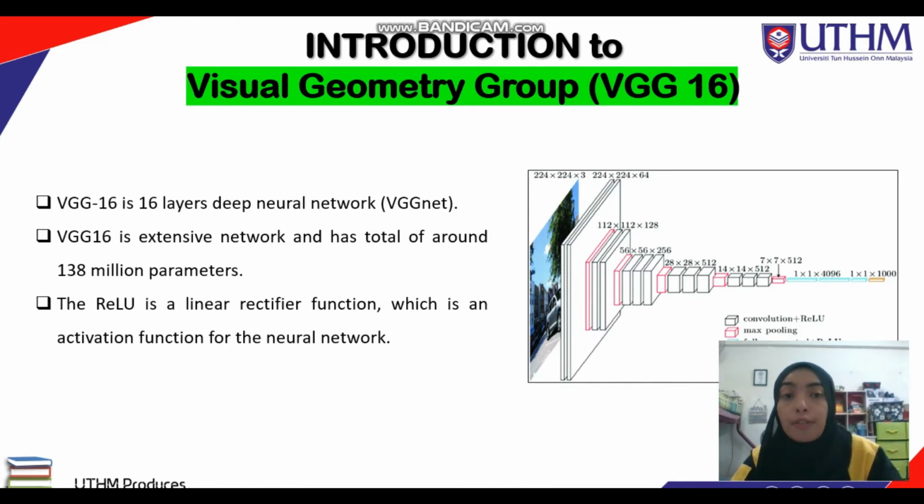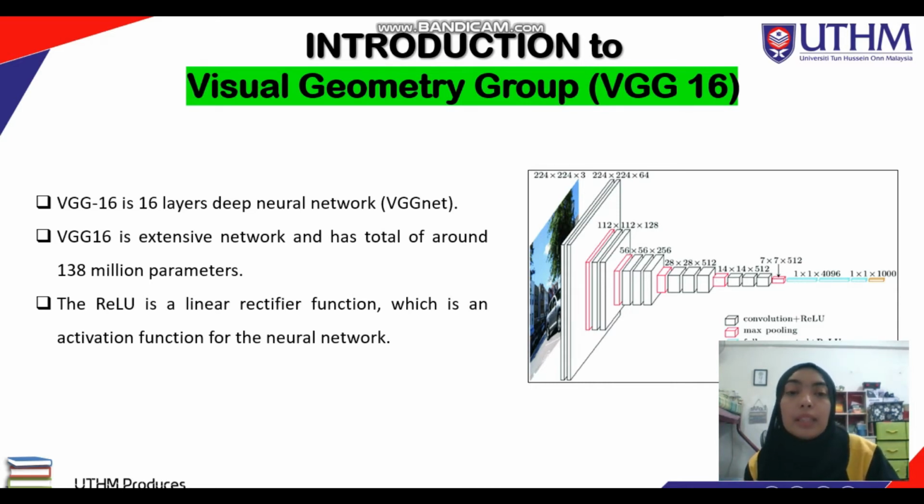Instead of having a large number of hyperparameters, it focuses on having convolution layers of 3x3 filters with stride 1, always using the same padding, and max pool layers of 2x2 filters with stride 2. It follows this arrangement of convolution and max pool layers consistently throughout the whole architecture.